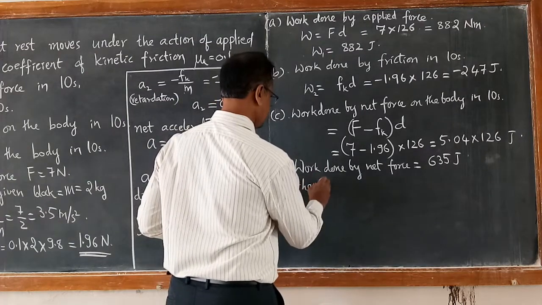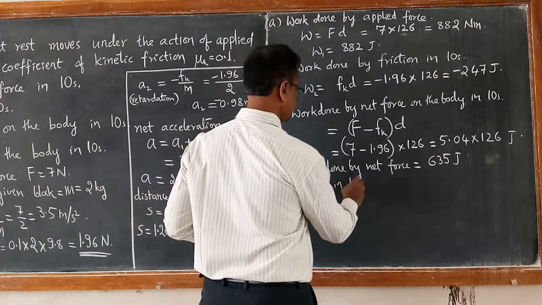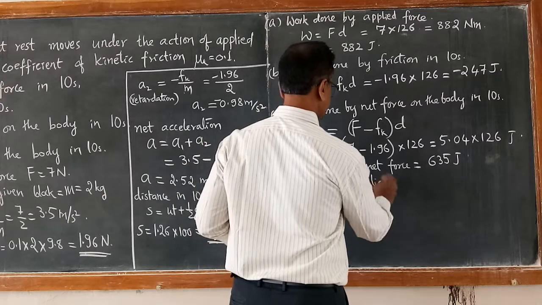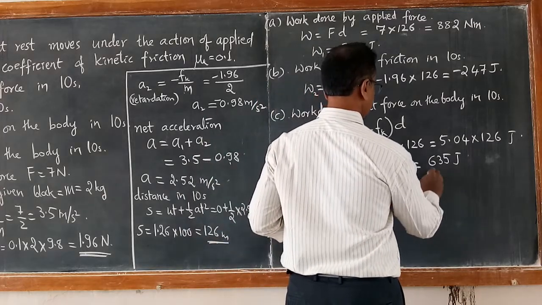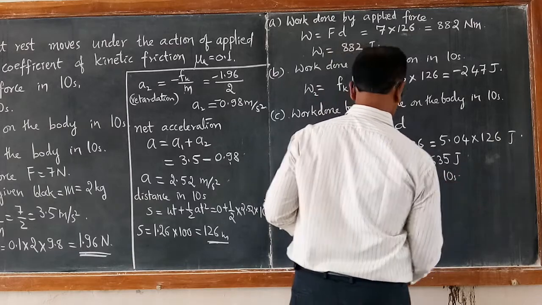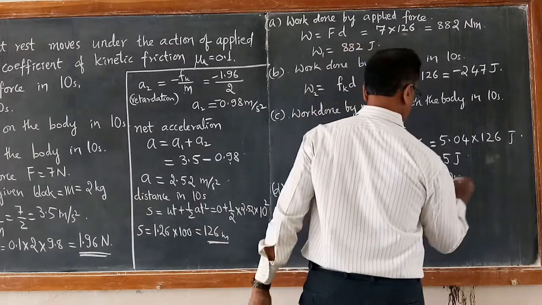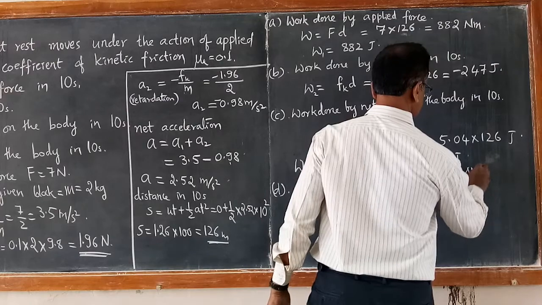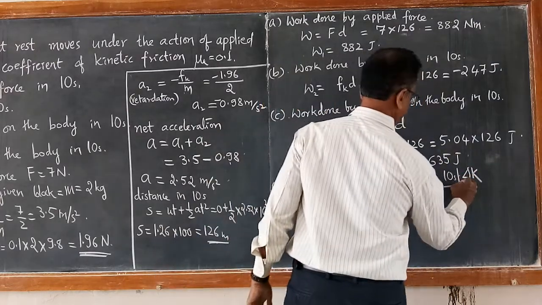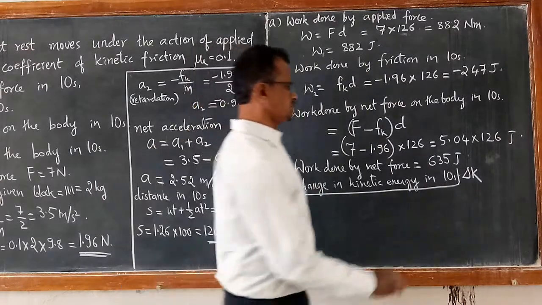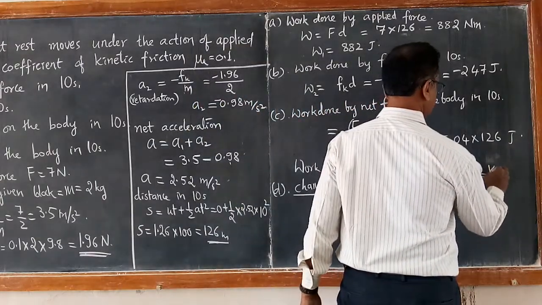Change in kinetic energy in 10 seconds. To calculate this, we know that delta K, the change in kinetic energy, is equal to Kf minus Ki.